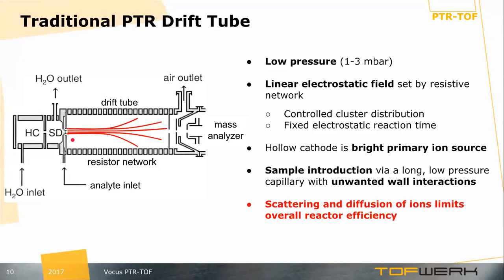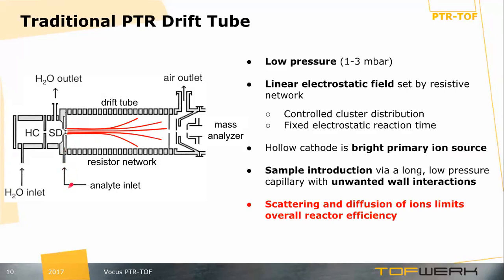This reactor is at low pressure, typically 1 to 3 millibar. Along the drift tube region, ions get pulled by an electric field across the reactor. As they do that, they can collide with neutral molecules, or they can just diffuse and spread out in this drift tube while they react.